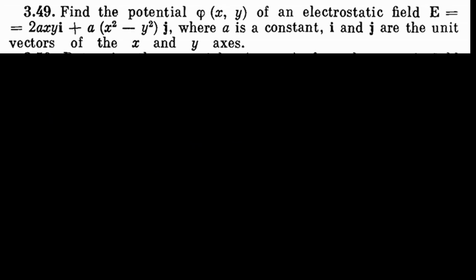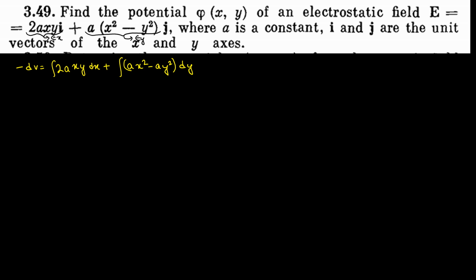In this question, we do the same thing. This is the x component of electric field, and this is the y component of electric field. Now if I apply the formula, minus dV is equal to Ex dx plus Ey dy, that is 2axy into dx plus (ax square minus ay square) into dy.